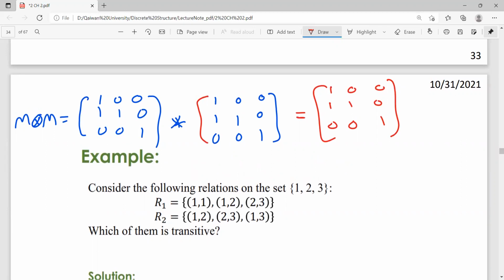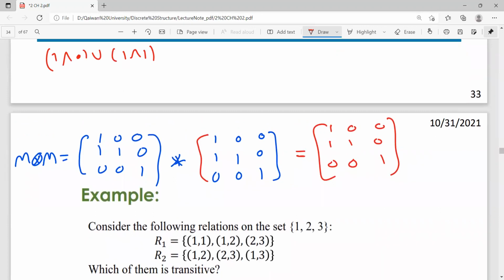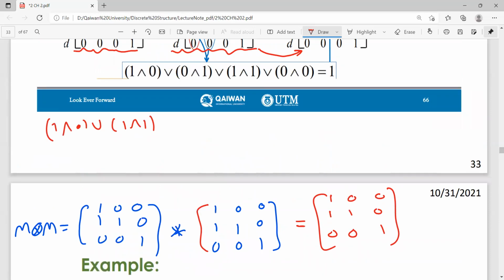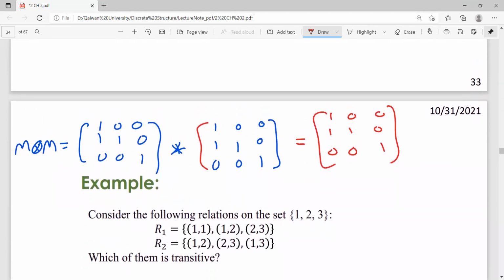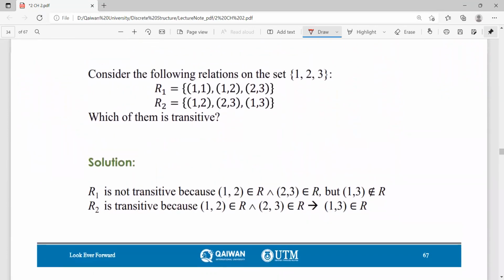That's for only transitive. Look, are these two equal? Yes. That means the relation is transitive. Do you know how we find this one? The Boolean product, in stats.